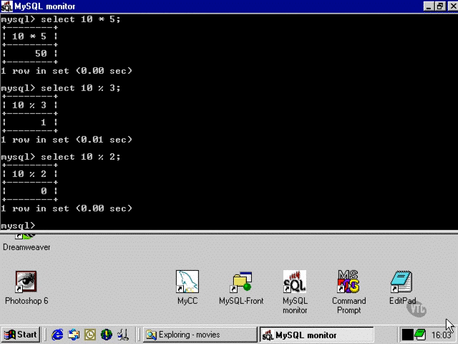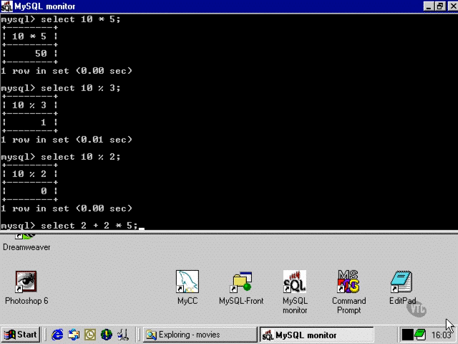So, apart from the modulo operator, which you may not have come across before, all the others work pretty much as you might expect. Confusion can arise when we're trying something such as this. 2 plus 2 times 5.